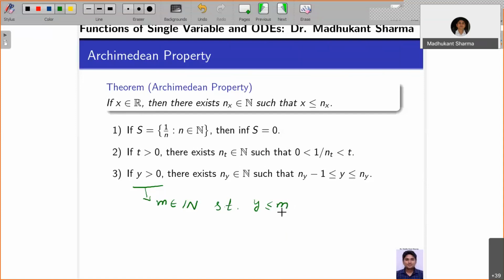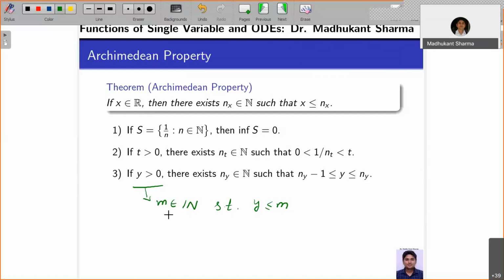We don't know how far m is, because it only says there exists an m. It may be very far, it may be very near. But it will give you the next natural number to it, that is at least.